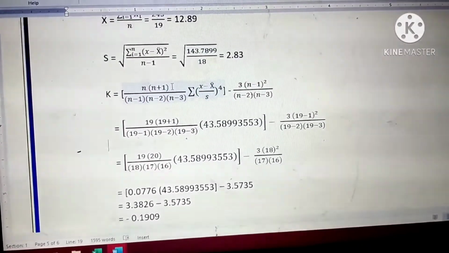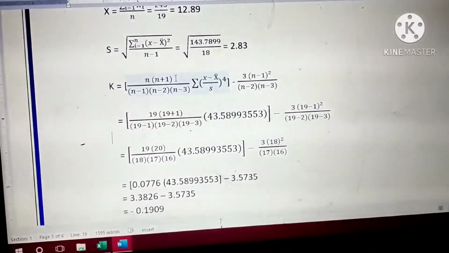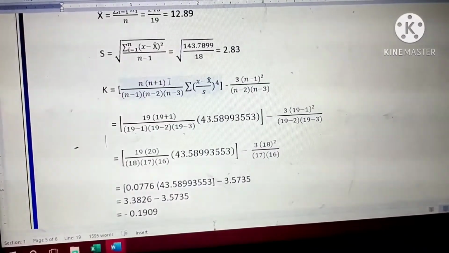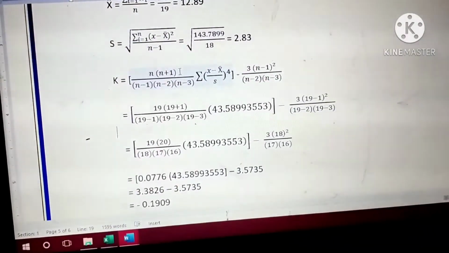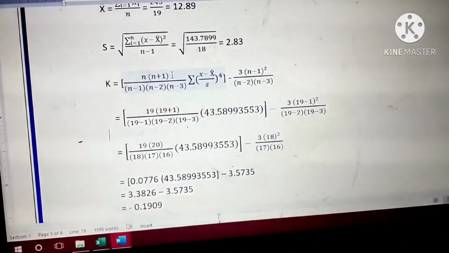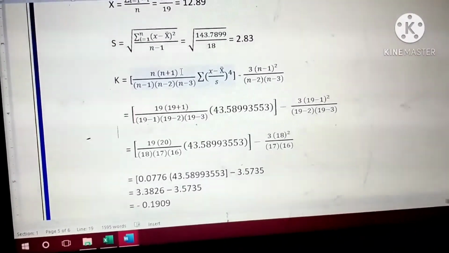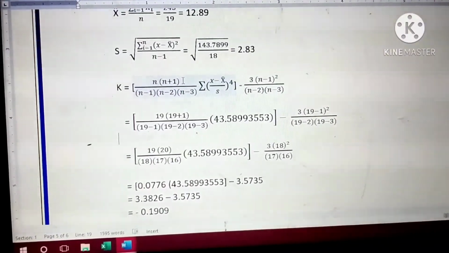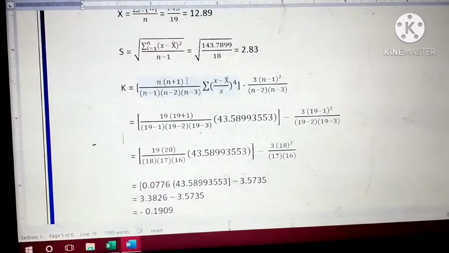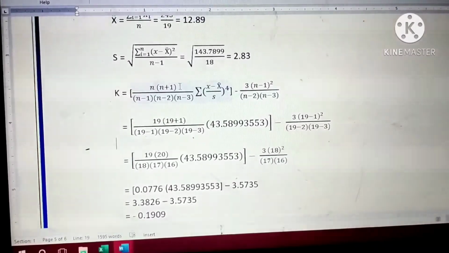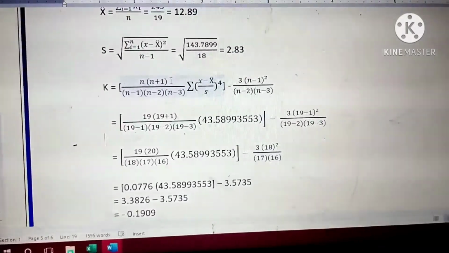Just substitute the value where n is equal to 19 and the summation of X minus the mean all over the standard deviation raised to the fourth power is 43.58993553, and solve. And we will get negative 0.1909 by solving the data following the formula.